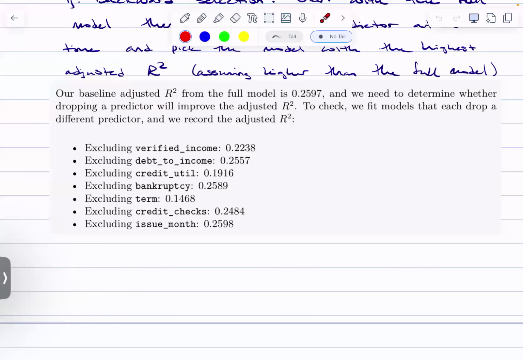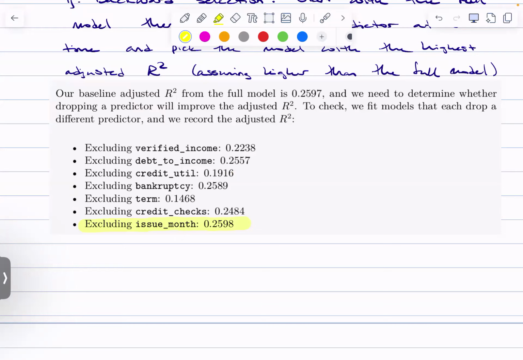Then in the next one, they're all included except for the credit utilized. So if you had to pick which of these models is an improvement from 0.2597, the only one that's better than that is this last one.